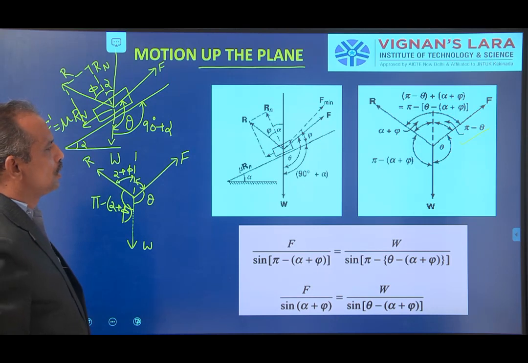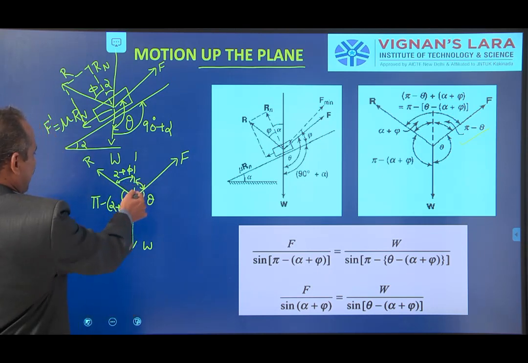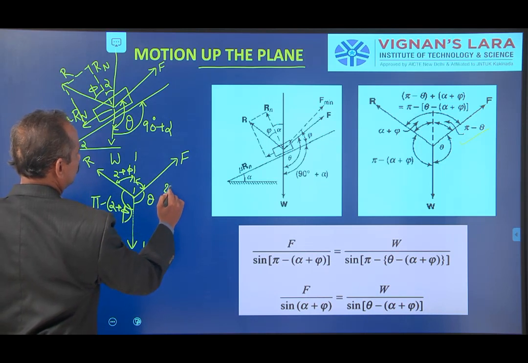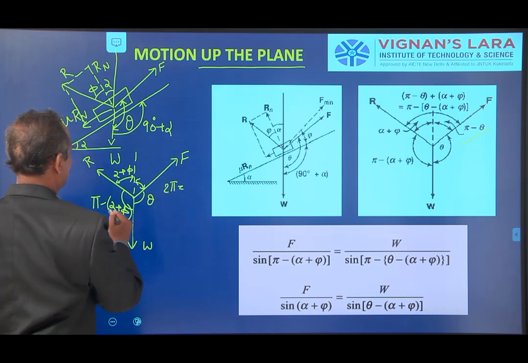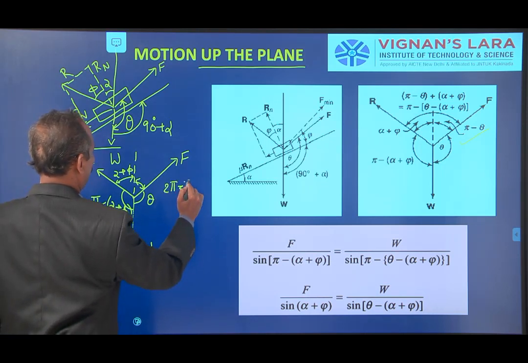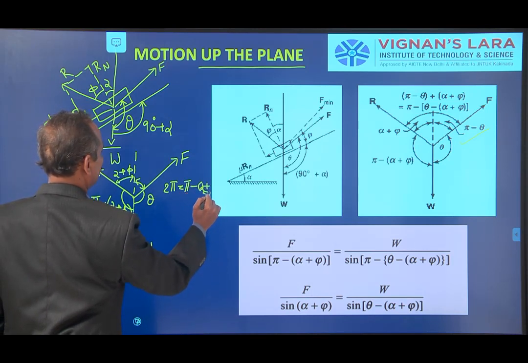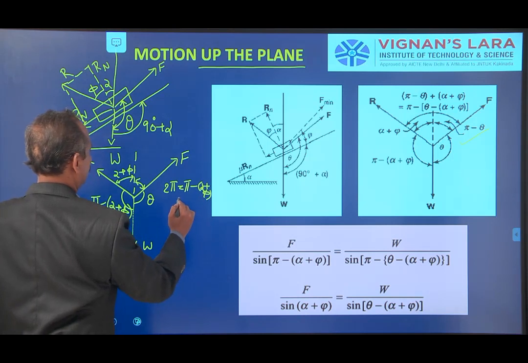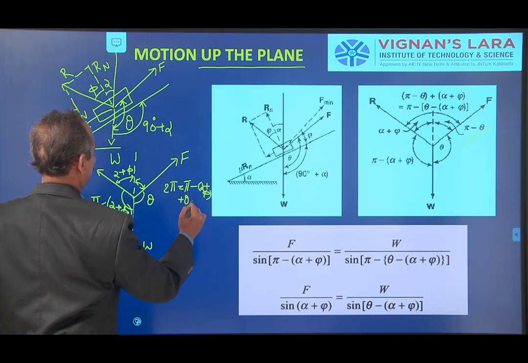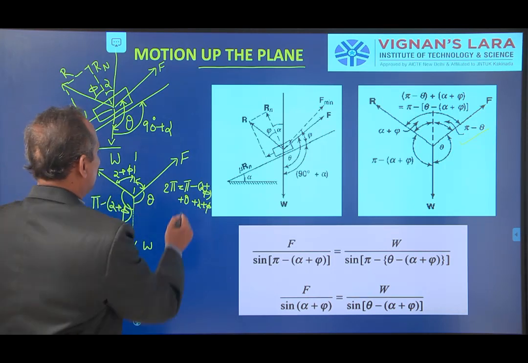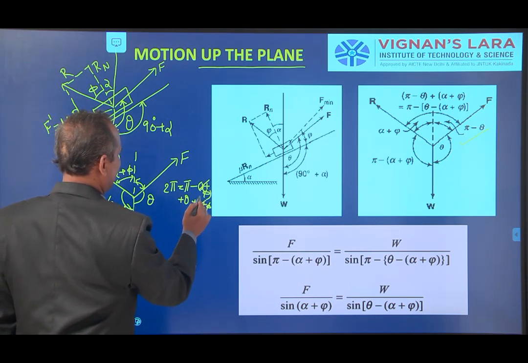So by writing, 2 pi is equal to 2 pi minus (alpha plus phi) plus theta plus (alpha plus phi). Then this term gets cancelled.